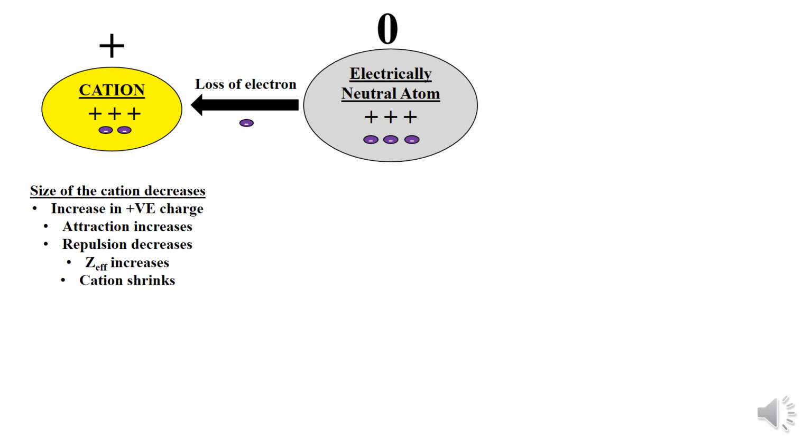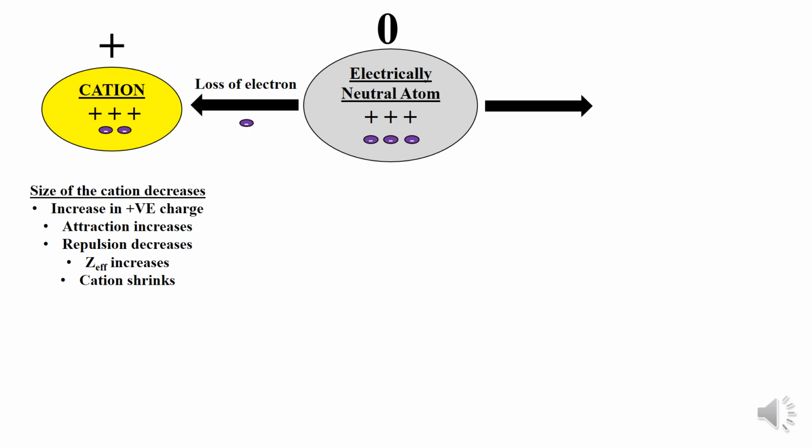And as a result, the effective nuclear charge increases. Now I have given the link in the description to my previous video explaining the effective nuclear charge. You can follow that. And finally, as the effective nuclear charge increases, the size of the cation shrinks.